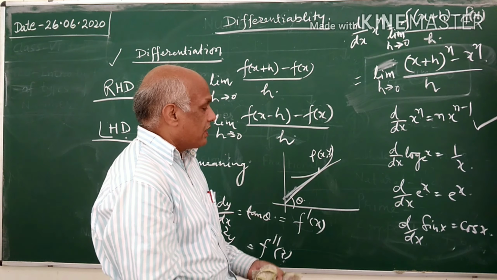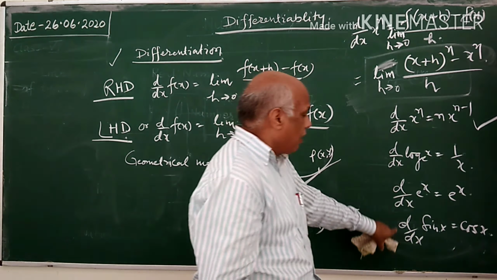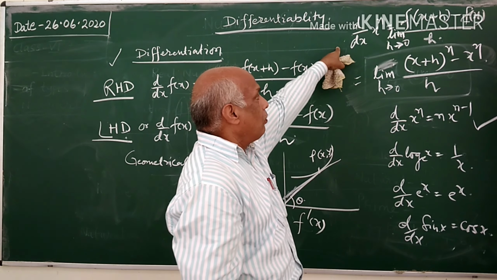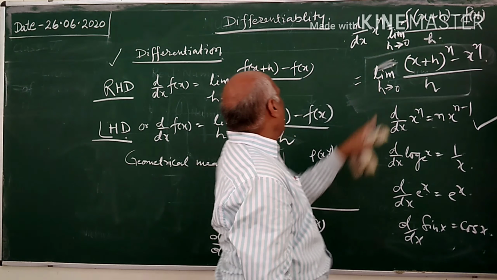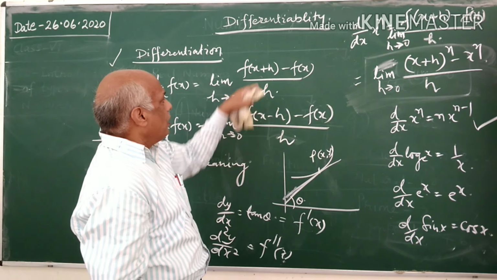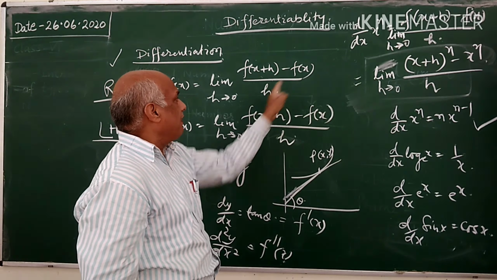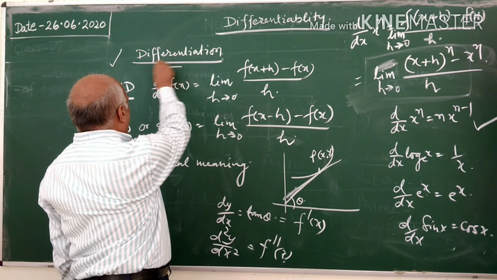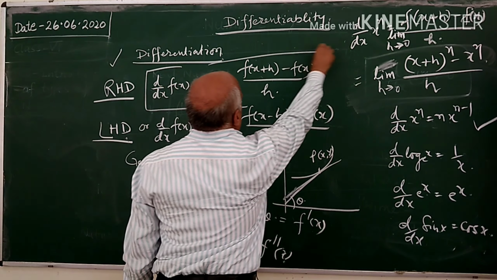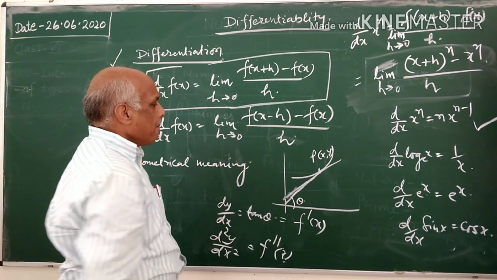How can we find out all of these differentiations? That was the fundamental rule: dy by dx of the function is limit h tends to 0, f(x plus h) minus f(x), by h. So using only this basic rule, we can find out the differentiation of many functions.